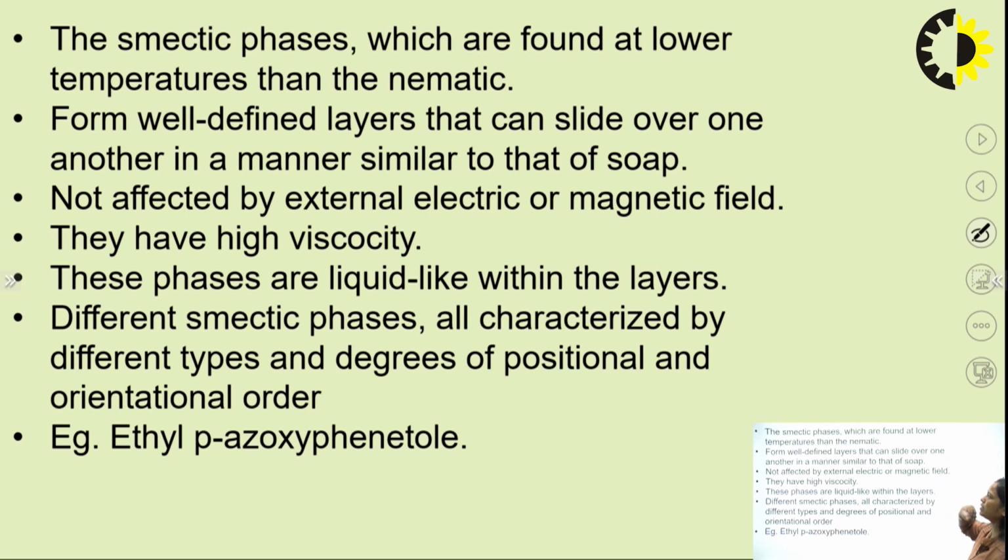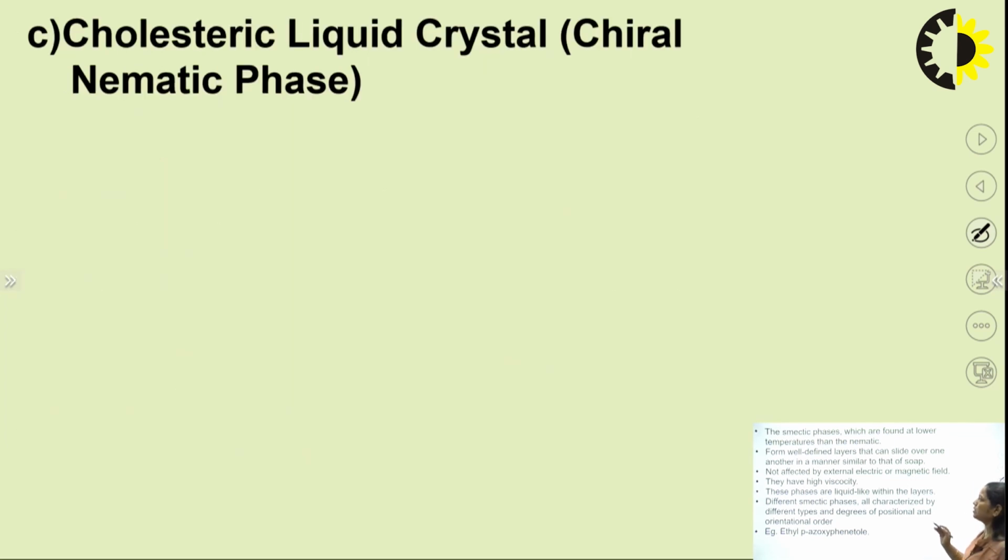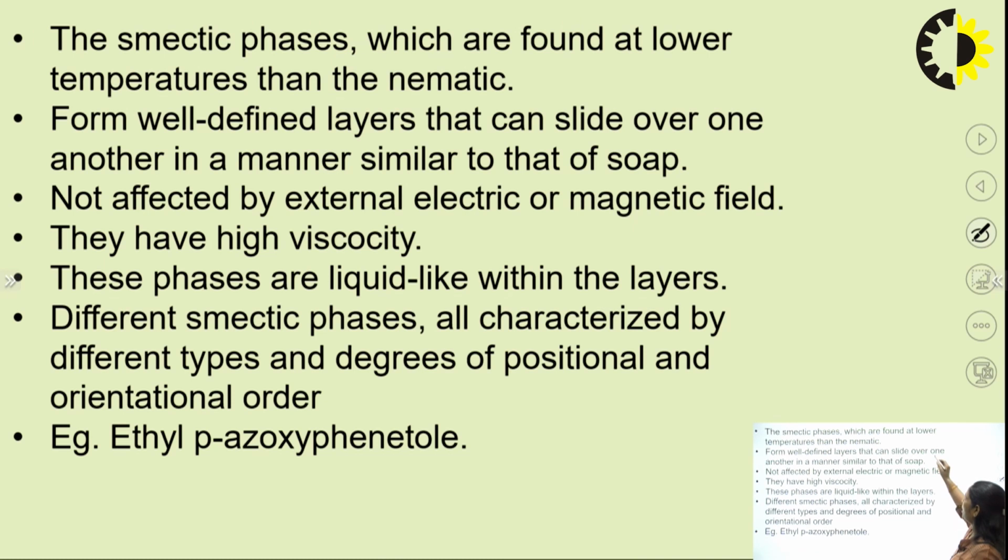If we compare smectic liquid crystal to nematic liquid crystal, we find some differences. What are these differences? Smectics are found at lower temperature, and form well-defined layers that can slide over one another in a manner similar to that of soap, which is completely absent in nematic liquid crystal. They are not affected by external electric or magnetic field.